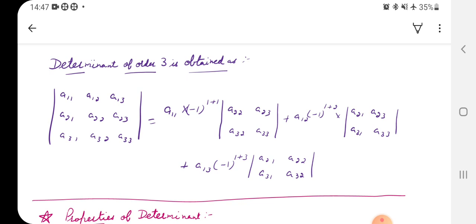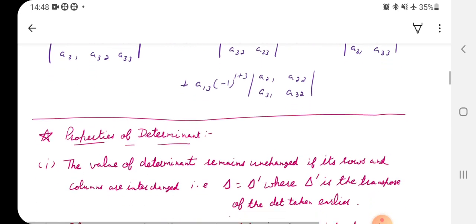This is into the determinant of the matrix obtained by deleting its first row and first column, plus the second element of first row, a12, into minus 1 power sum of suffixes, into determinant of matrix obtained by deleting first row and second column, plus a13, the third element, into minus 1 power 1 plus 3, into determinant of matrix obtained by deleting first row and third column, right?